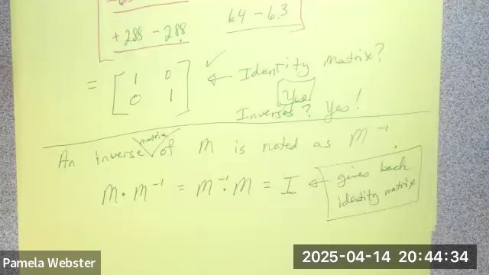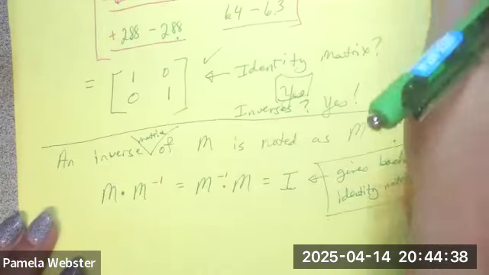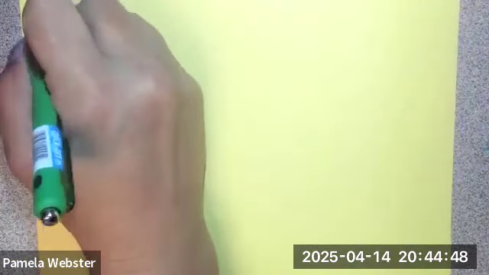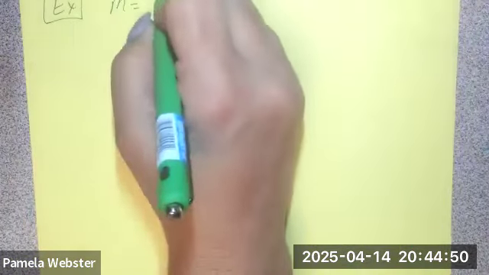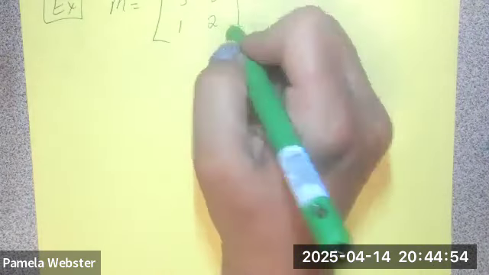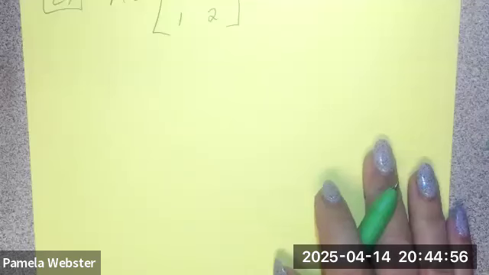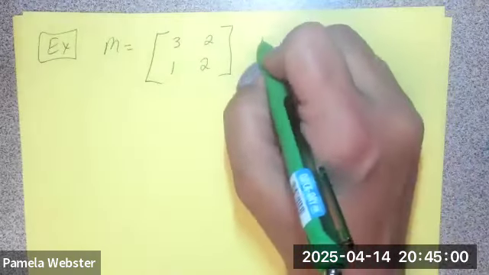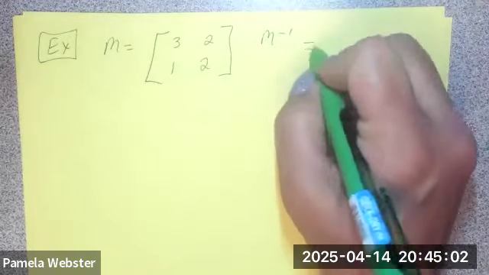So let's try it and see what we got. I'm going to give you an example. I've got an M, 3, 2, 1, 2. I don't know what the inverse is.